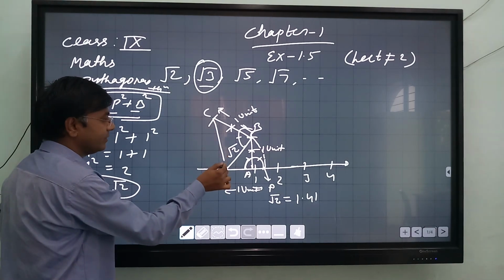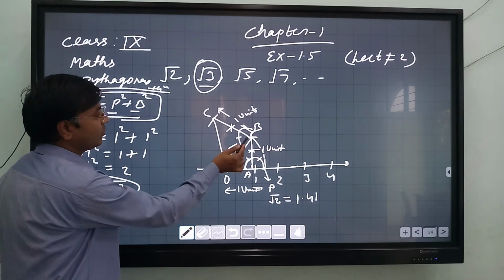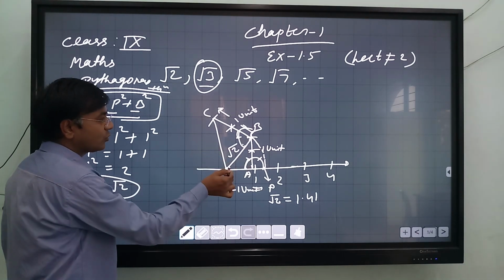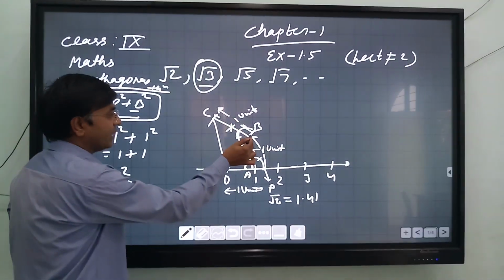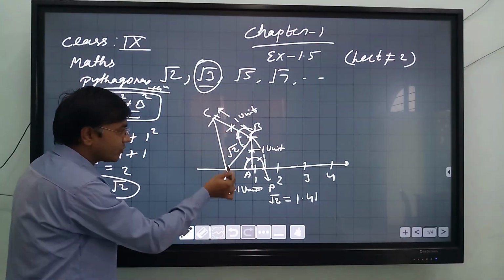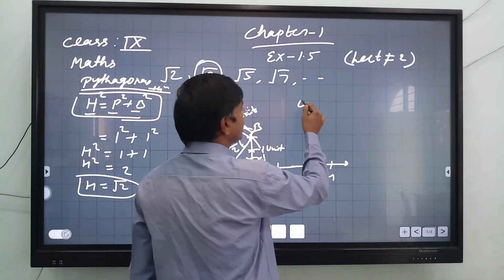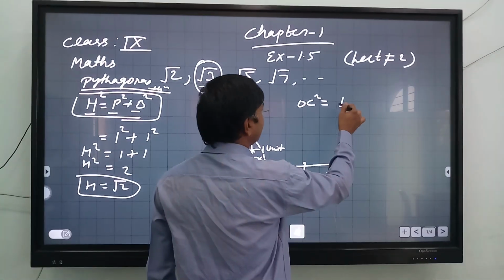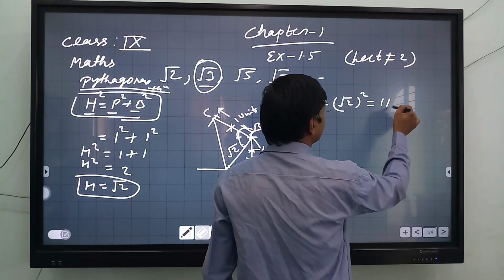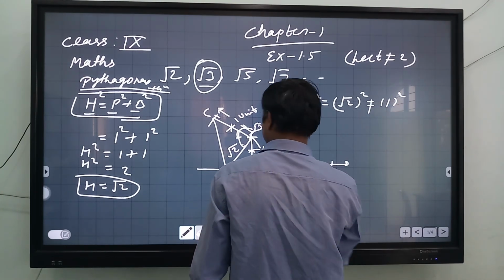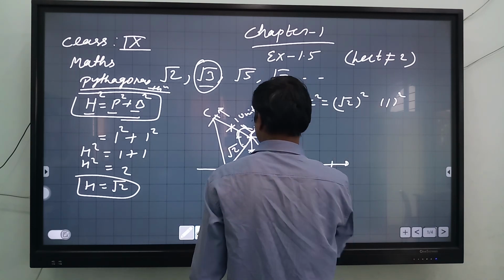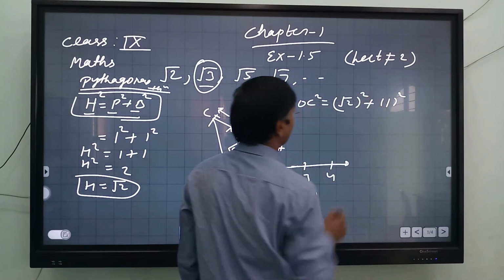Now join this point C to this O. So this is the origin. Now this is perpendicular, this is 90 degrees, so this is the hypotenuse. This is root 2, this is 1. So we are taking base root 2 and this one is 1. The value of this OC will be under root 2 square, that is base square, plus perpendicular 1 square.